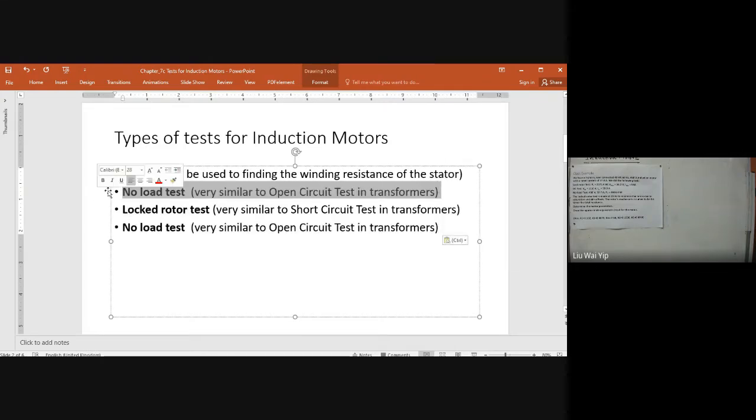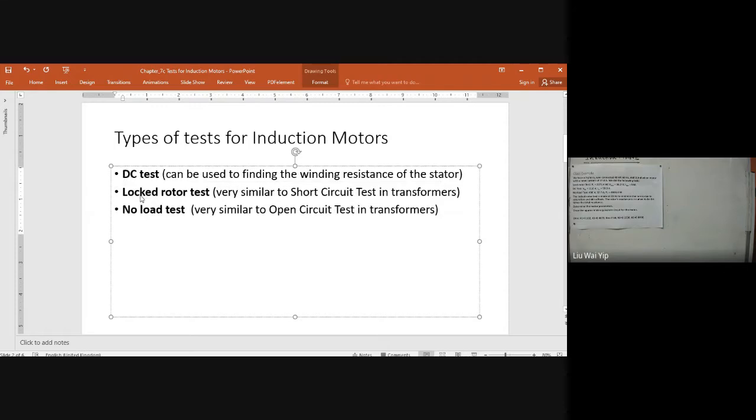The DC test is normally done in the beginning, and afterwards we do the locked rotor test. The locked rotor test is very similar to the short circuit test in a transformer.